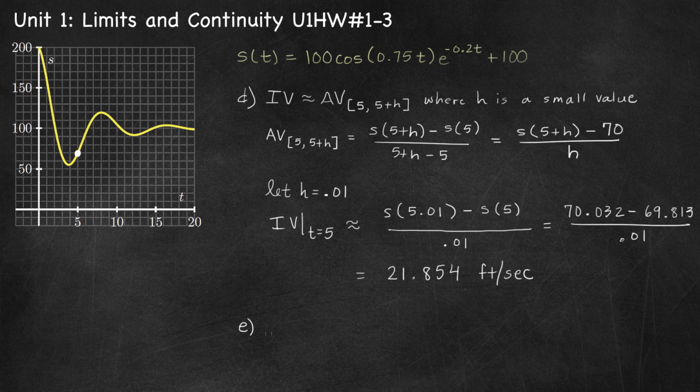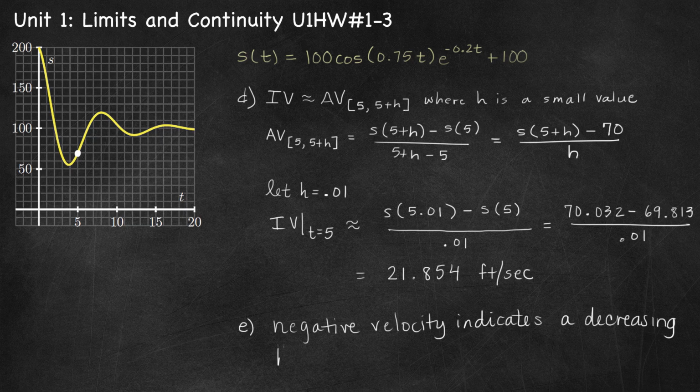And that's because the change in position was negative. So I'll say negative velocity indicates a decreasing position.